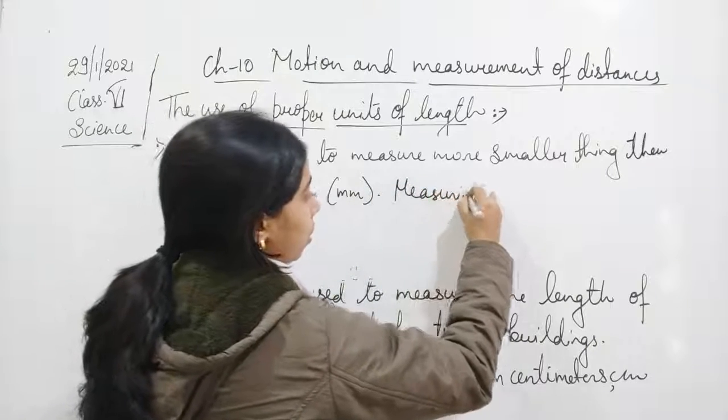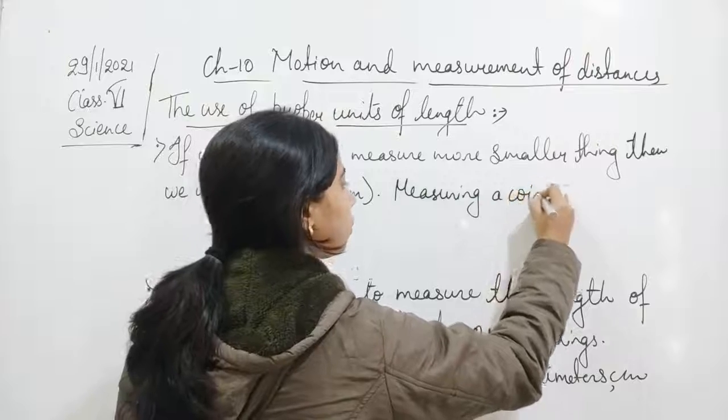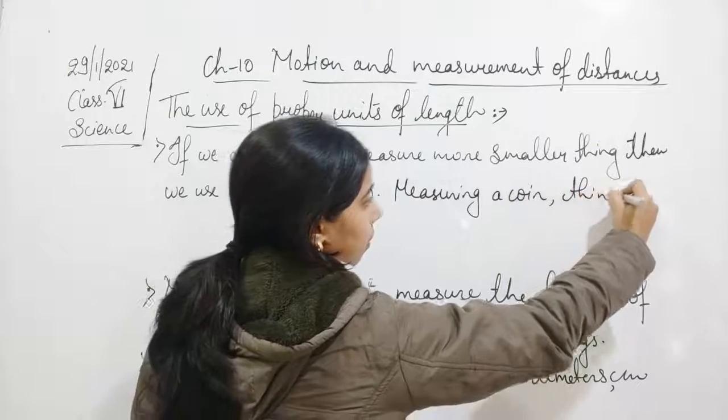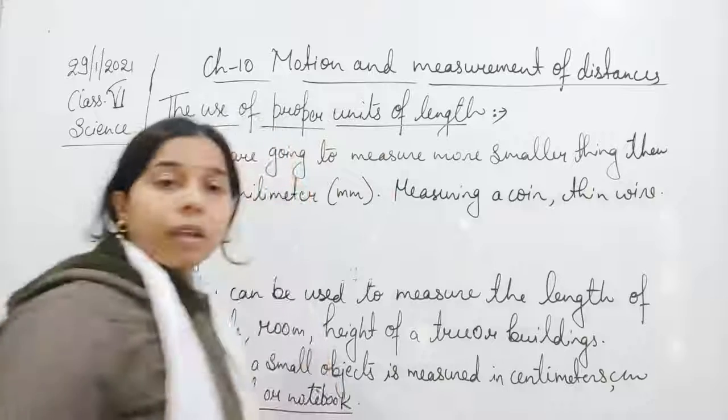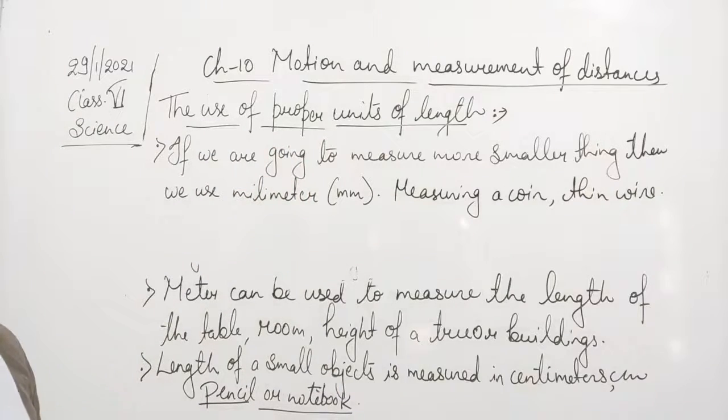Measuring a coin or a thin wire are examples for the millimeter.